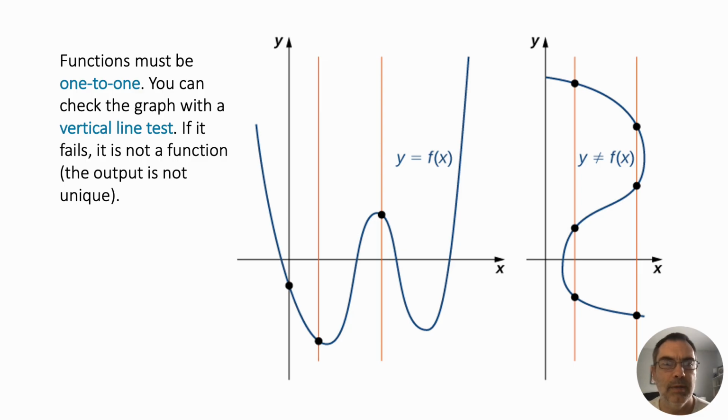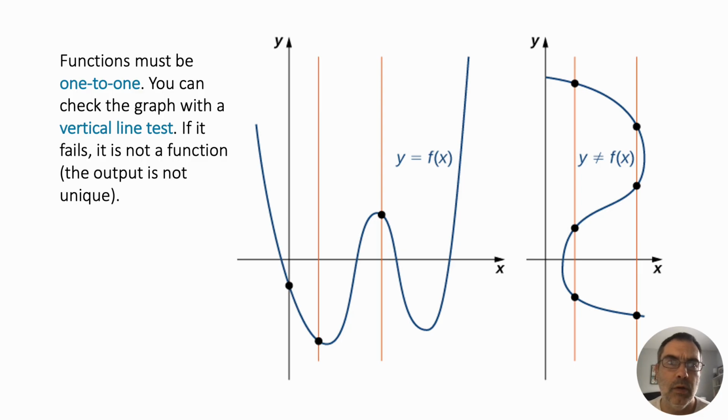So there's two graphs pictured here. The one on the left passes the vertical line test. The lines intersect the function at one point. At that particular x value, there is exactly one y value. On the right, we have a function, not a function, a graph that does not pass the vertical line test. Now, why do we care?